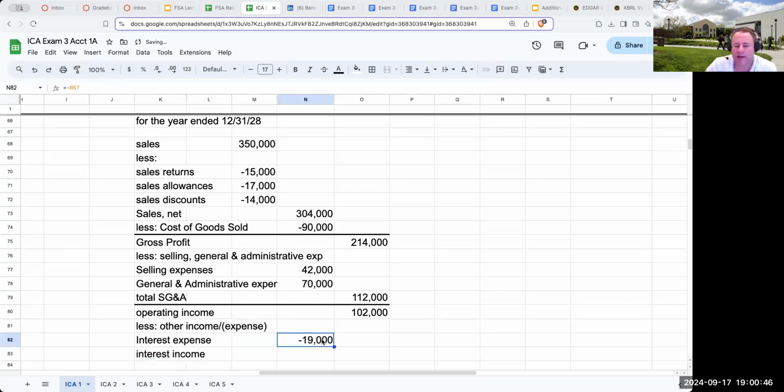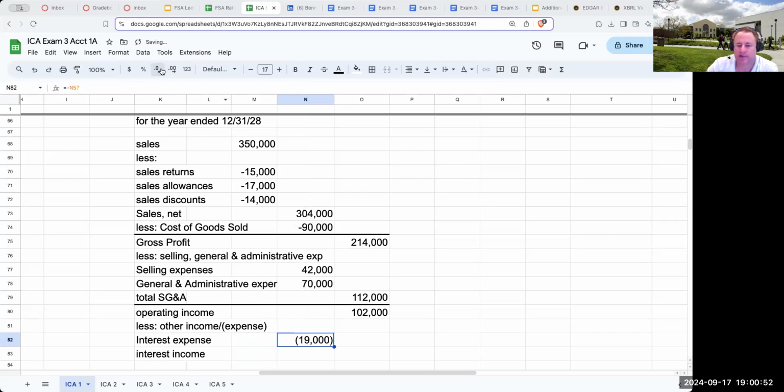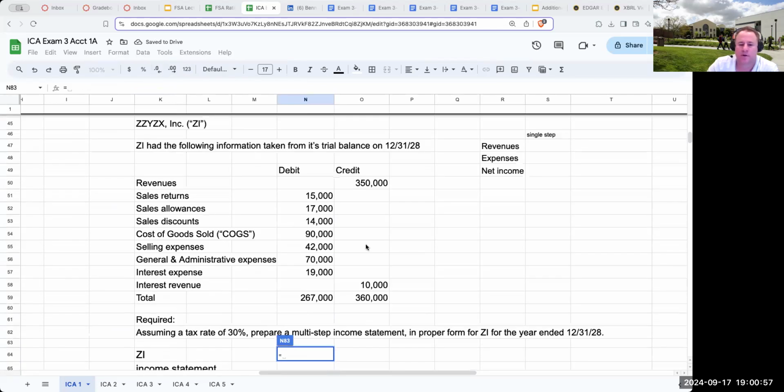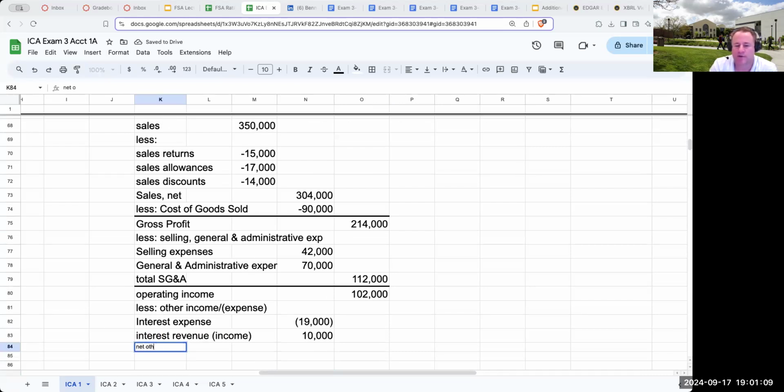And by the way, the brackets mean a negative number. Don't be afraid of it. It just basically means it's a negative number. My interest income is going to be my interest revenue, same thing. So my net other income slash expense is going to be 9,000.